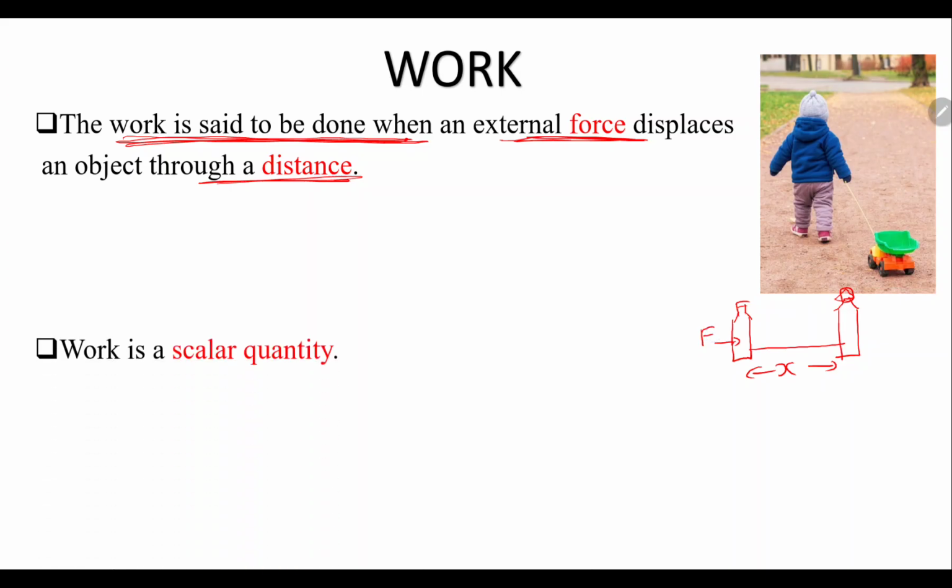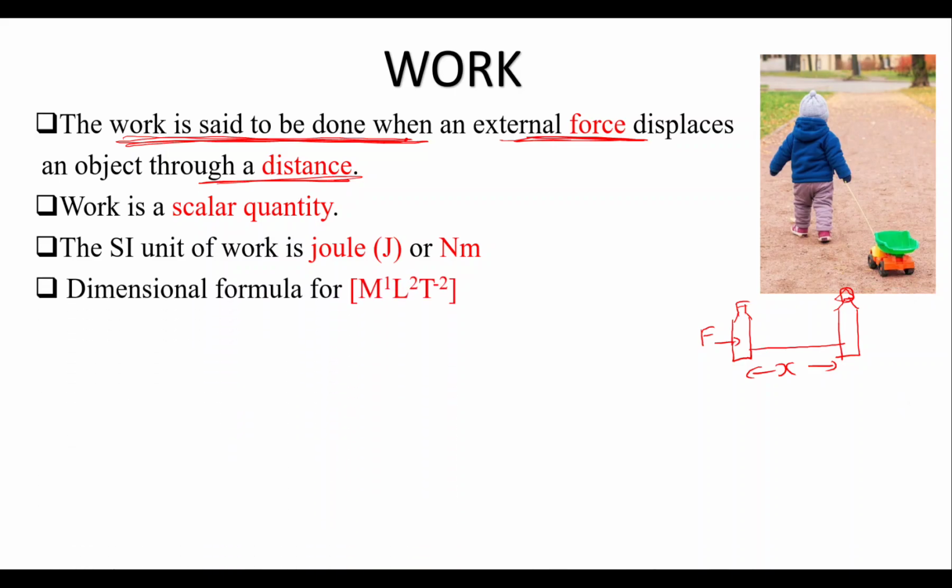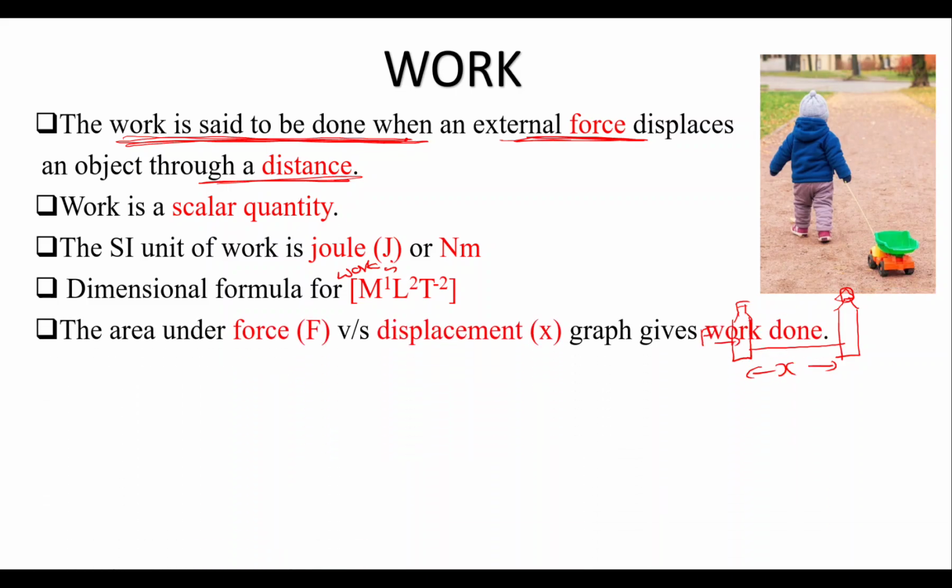Then work is a scalar quantity. Here I'm giving some points regarding work. You can take note of it. The SI unit of work is joule or newton meter. The dimensional formula for work is M^1 L^2 T^-2. Then the area under the force versus displacement graph gives you work done.